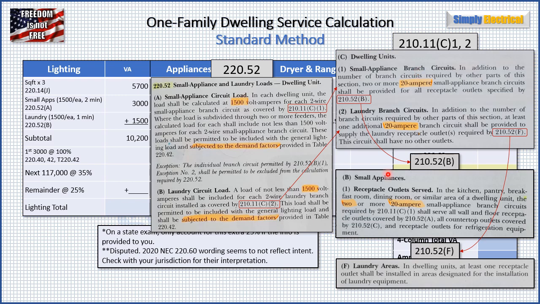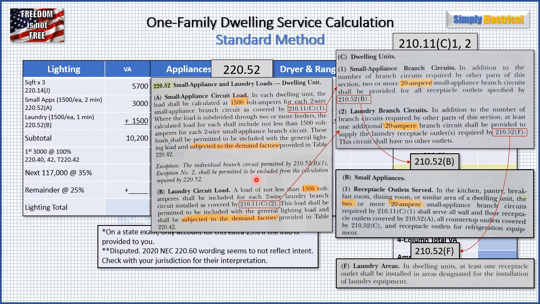Now there is an exception to that rule, and we'll talk about that right here. It says the individual branch circuit permitted by 210.52b1, exception number 2, shall be permitted to be excluded from the calculation required by 220.52. Okay, so what exception number 2 says is it allows for specific receptacles in the kitchen area to not have to be worked in with this calculation for the small appliance load.